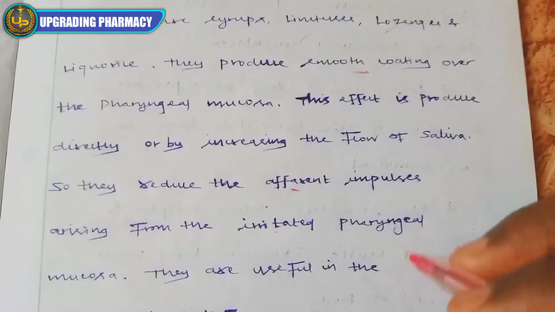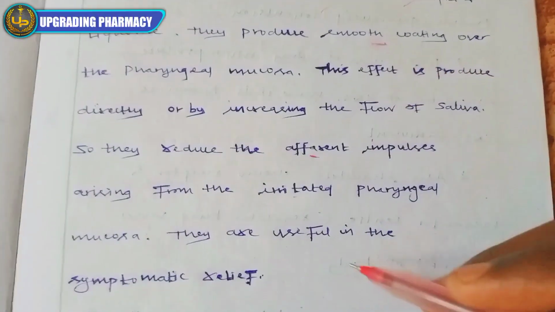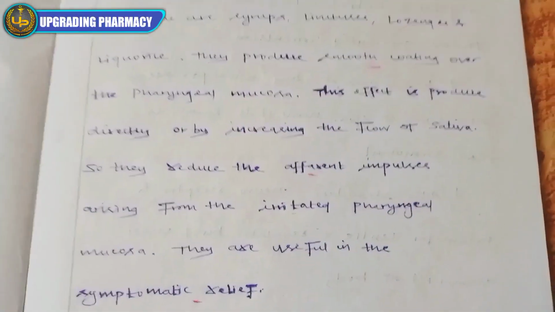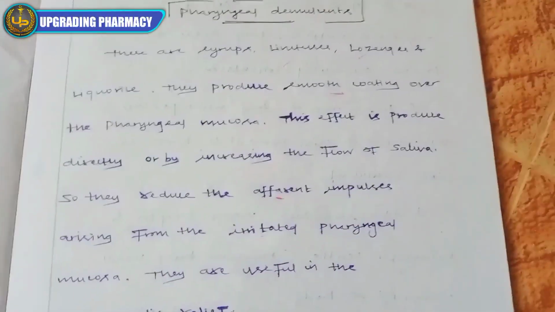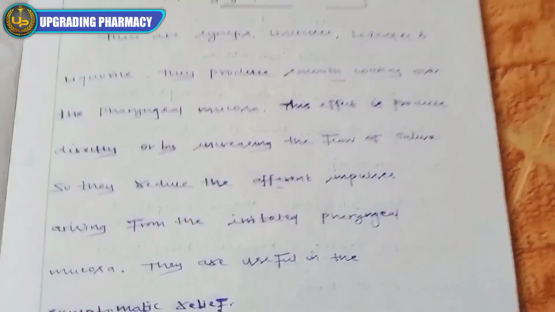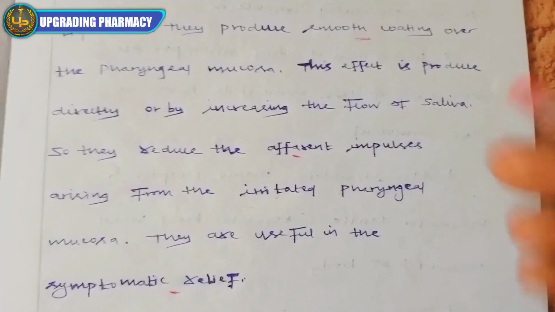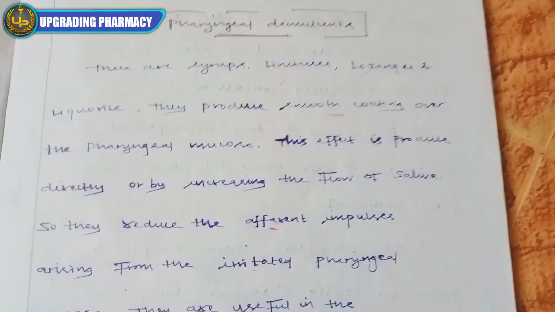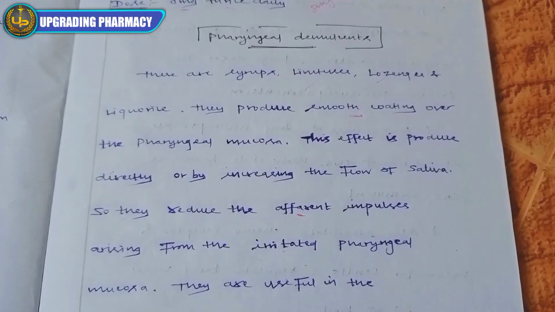This is the action of pharyngeal demulcents. They are useful in symptomatic relief, but do not clear the cause of the cough. They are syrups, linctuses and lozenges. These are the main drugs used in the treatment of cough.